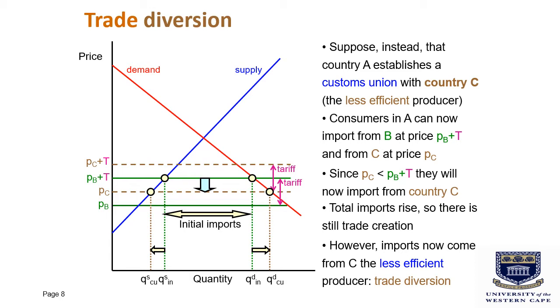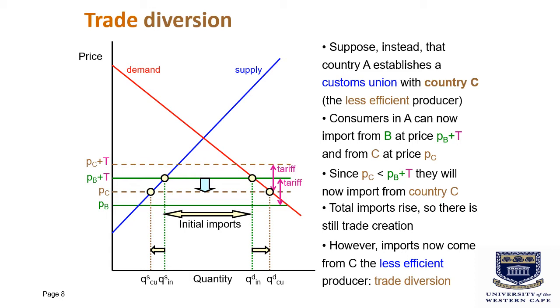But because of our trade agreement, the tariff is falling away from country C, meaning that the price that we now face in terms of our imports is now lower for country C than it would be for country B, because unfortunately country B still has a tariff in place.